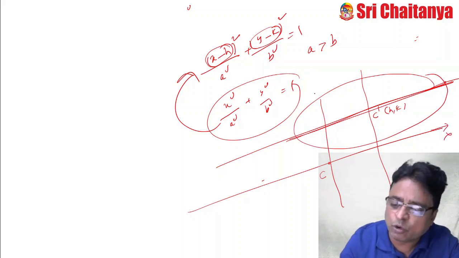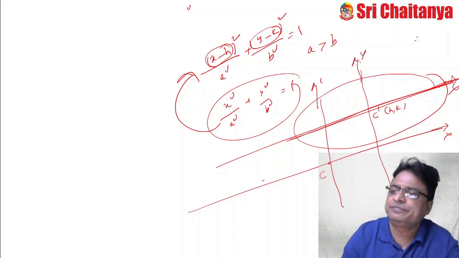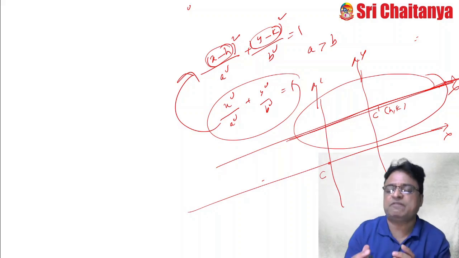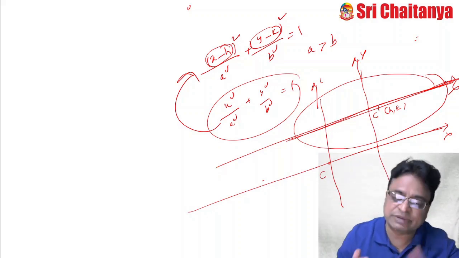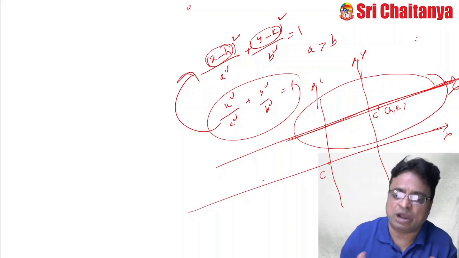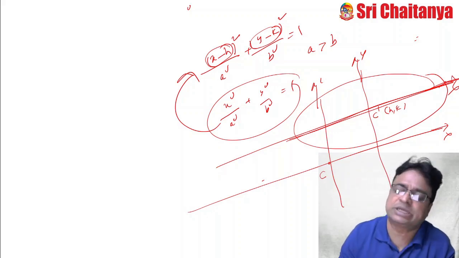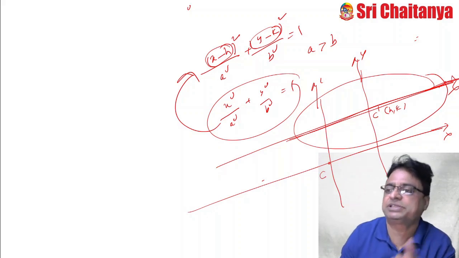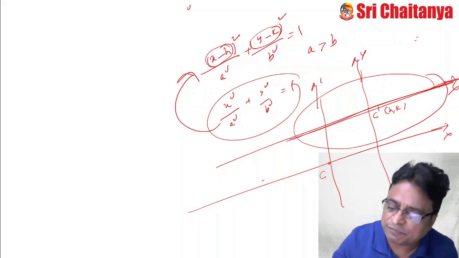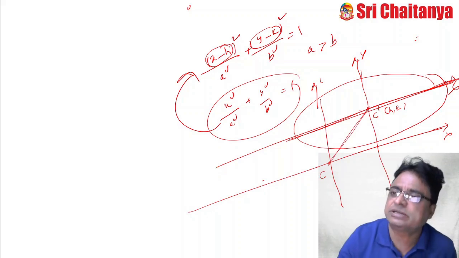This is my old x-axis and y-axis, and these are my new x-axis and y-axis. That is the beauty of transformation of axes. That's why in our junior inter, we learned and practiced the concept of transformation of axes. Here I have parallelly shifted the origin.